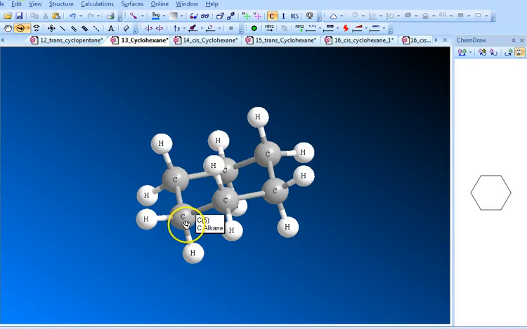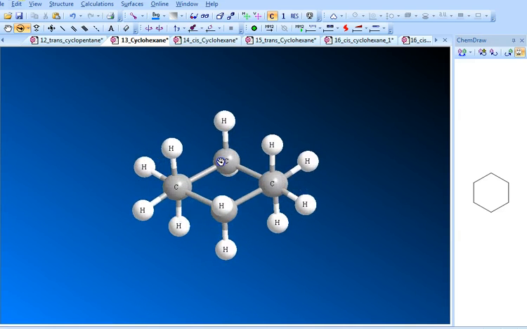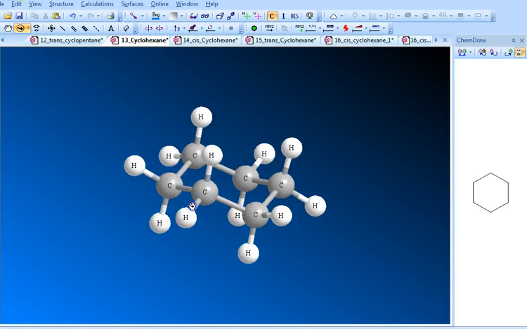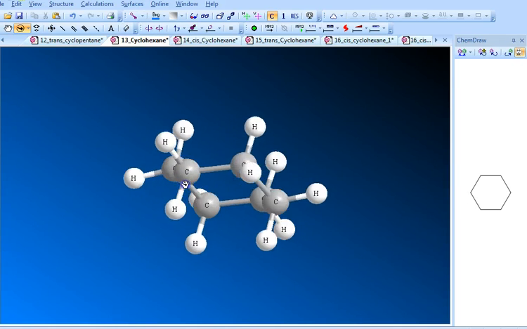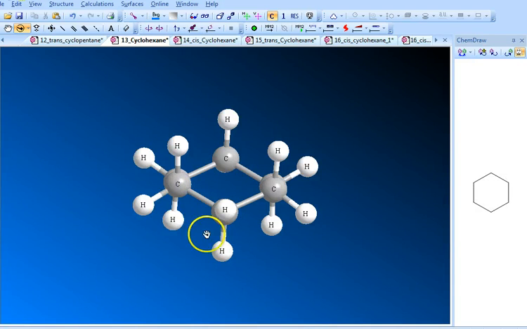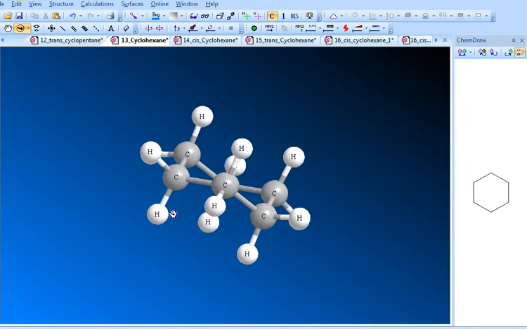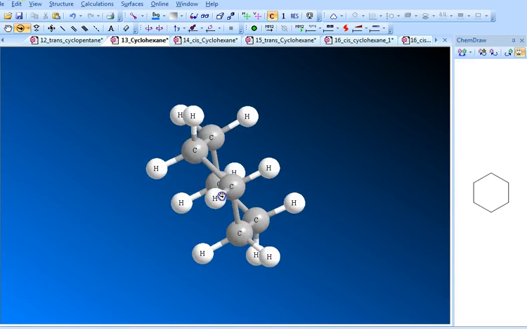If you look at the conformations of these atoms, you see that this is staggered, these are also staggered, and you can rotate in any direction, you'll get a staggered conformation. All the atoms are staggered. Is that clear? And this is the reason why this is the most stable conformation for cyclohexane.